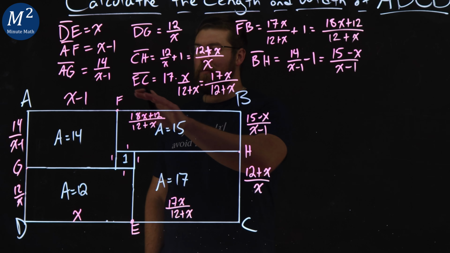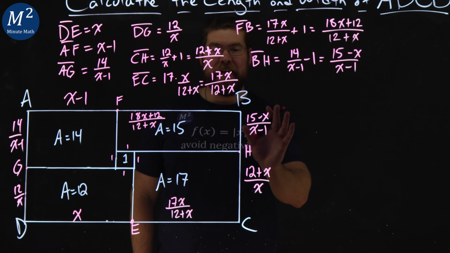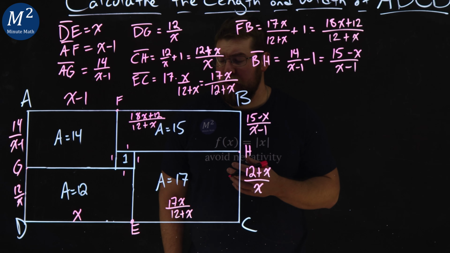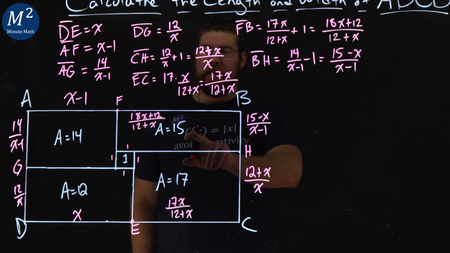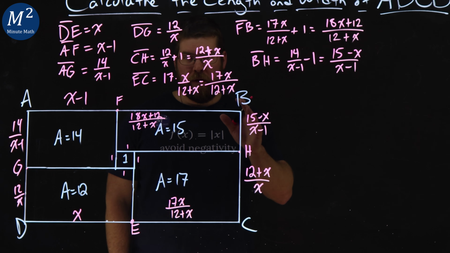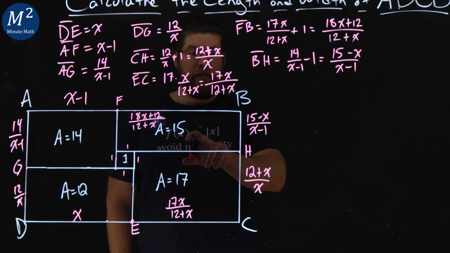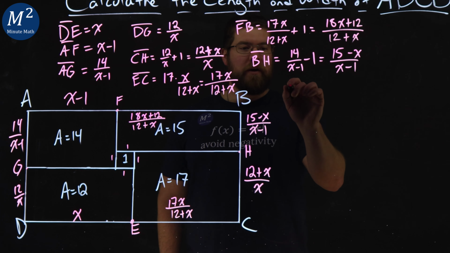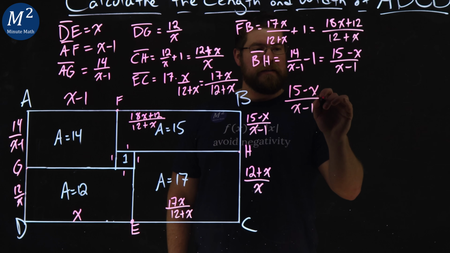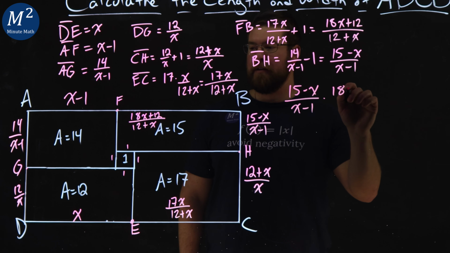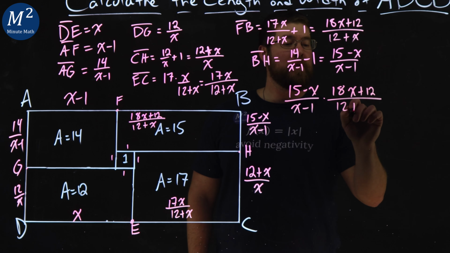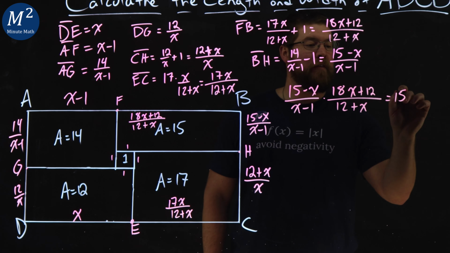Now we have a whole bunch of variables here kind of given. Let's make a little equation, see if we can solve for an x value here. I'm going to look at this one right here. This area equals 15. Length times width equals the area of 15. So let's multiply our 15 minus x over x minus 1 times 18x plus 12 over 12 plus x is equal to 15.